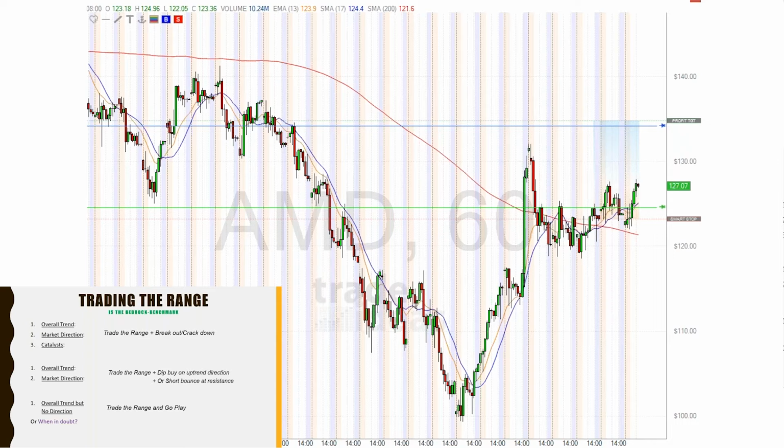Those are the 3 items we mainly look for in the morning to help us decide which way we might want to trade. It's just some guidance here.